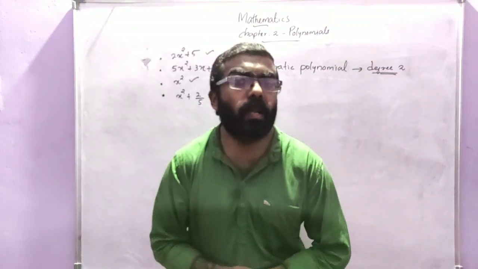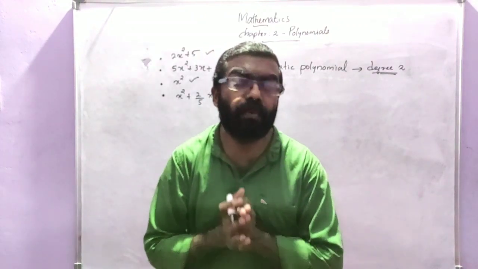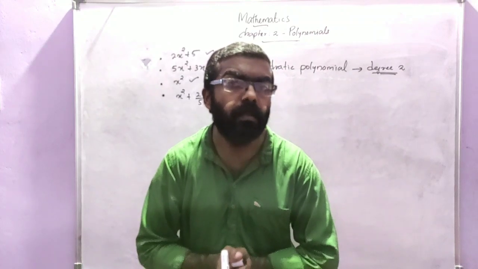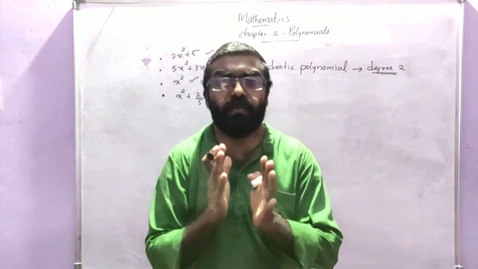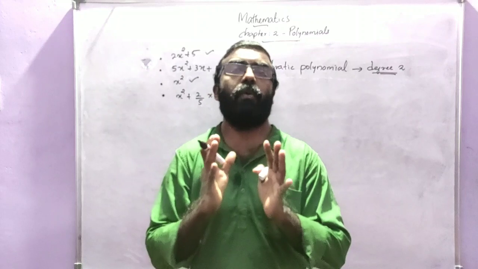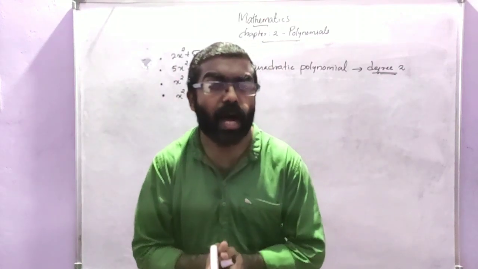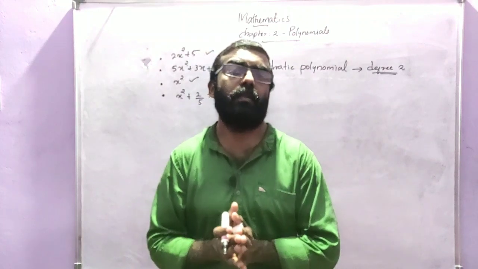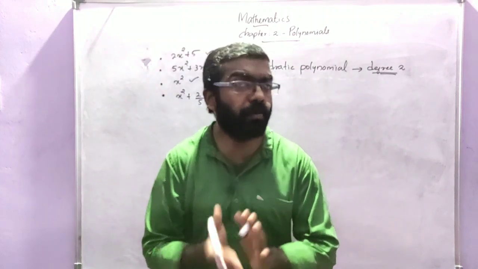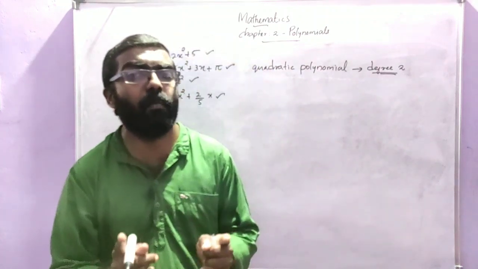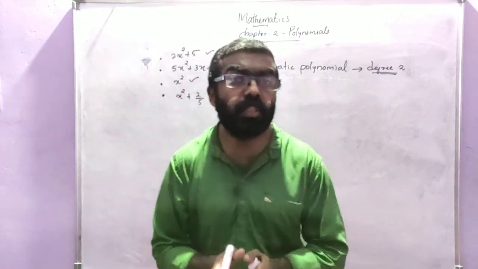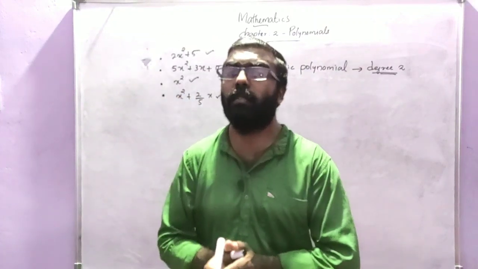Can you write a quadratic polynomial in one variable with 4 different terms? No. You will find that a quadratic polynomial in one variable will have at most 3 terms. Okay. A quadratic polynomial in one variable can have at most maximum 3 terms.